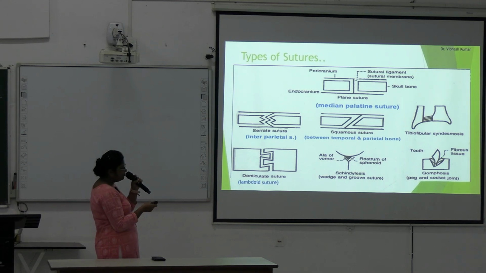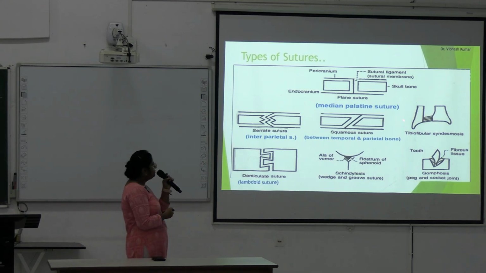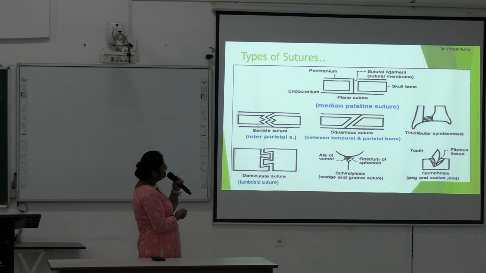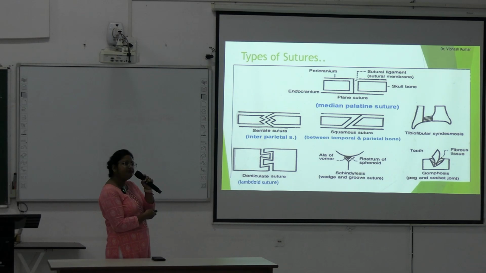Now the other type of fibrous joint is syndesmosis. Syndesmosis occurs between two bones. Two rough surfaces are connected by fibrous tissue. See, this is the lower end of the tibia and fibula. They form the inferior tibiofibular joint. That is one example of syndesmosis.